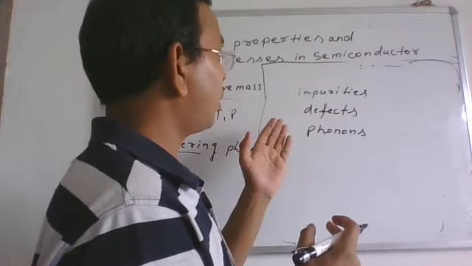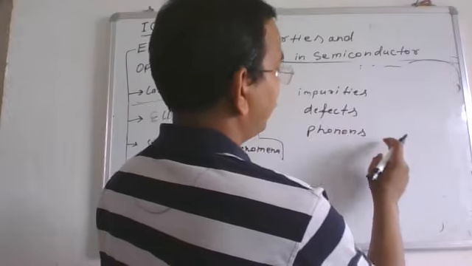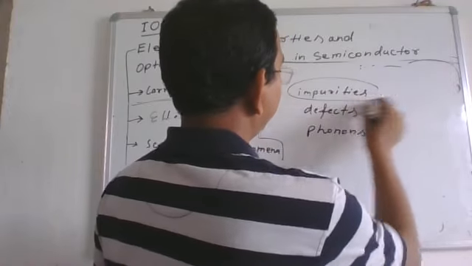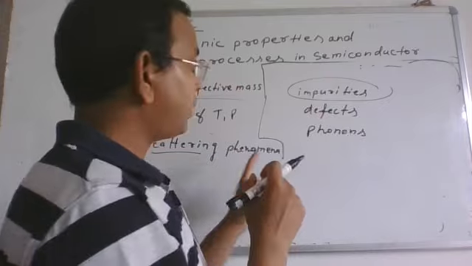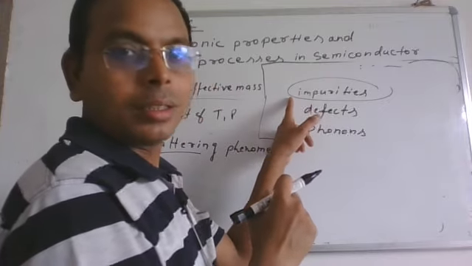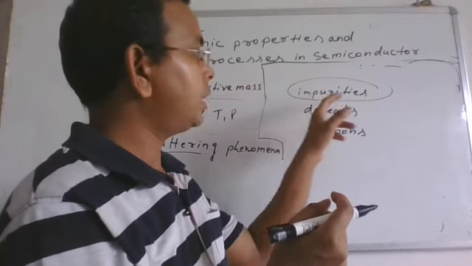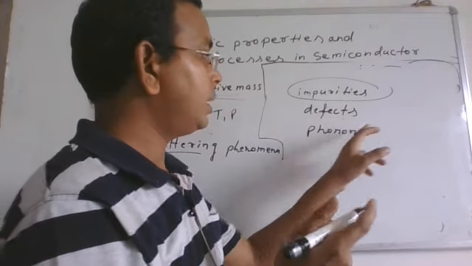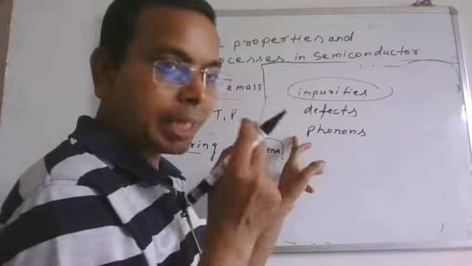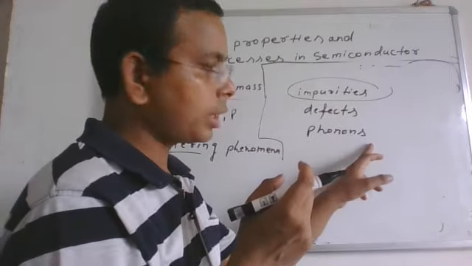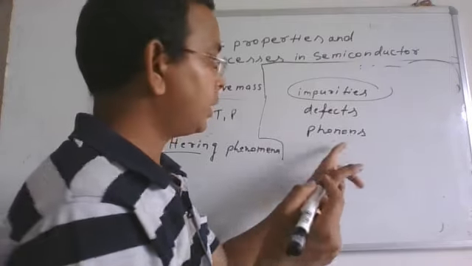There are different types of scattering: impurity scattering and phonon scattering. When the scattering is caused by impurities or defects in the crystal, it is called impurity or defect scattering. And when it is carried out with the help of phonons, it is called phonon scattering. So what is a phonon?